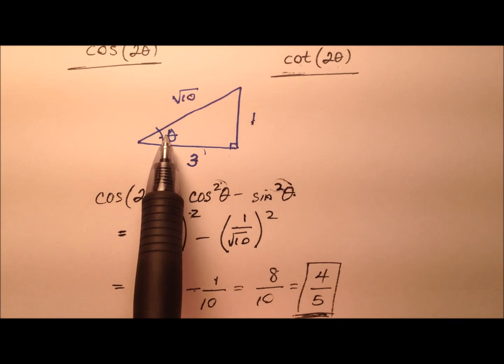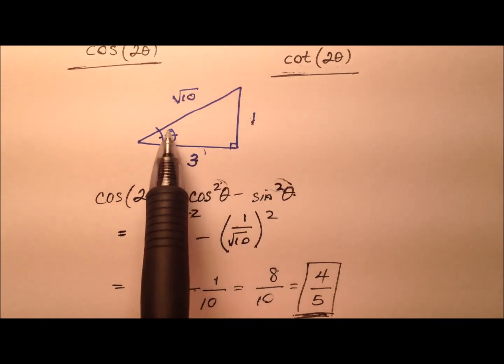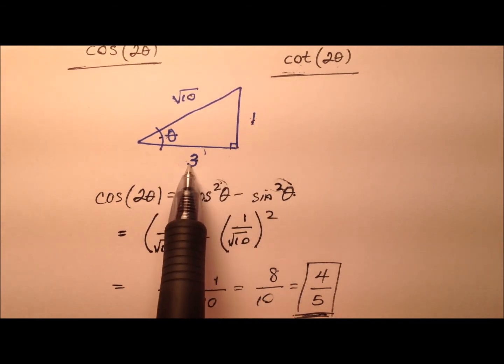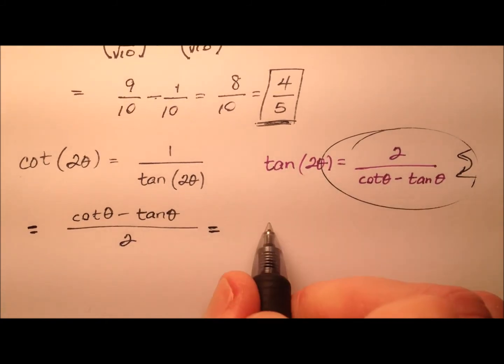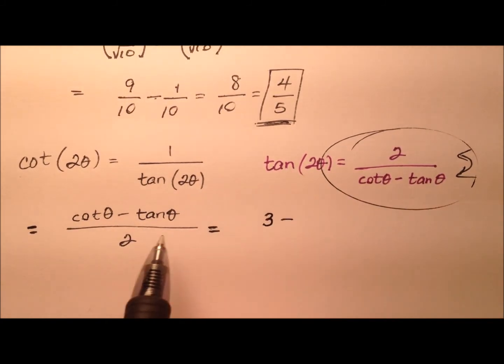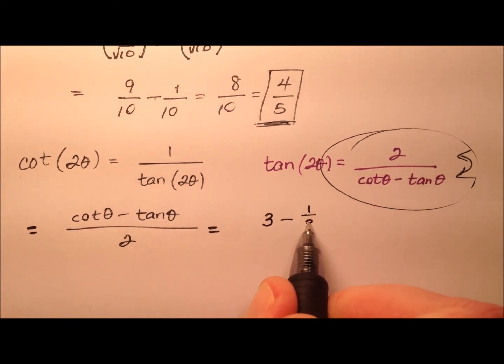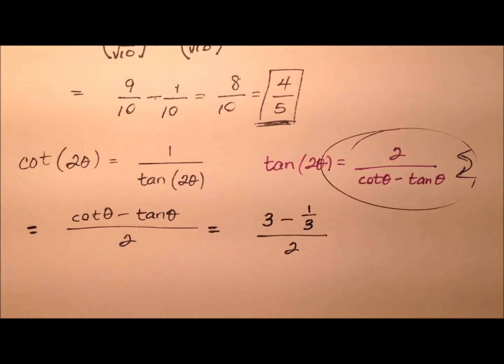Okay, so tangent from our theta is opposite over adjacent, so it's going to be 1/3. And if tangent is 1/3, cotangent will be the reciprocal, so 3 over 1. Okay, so cotangent was 3 minus tangent, which is 1/3, and all that's over 2.